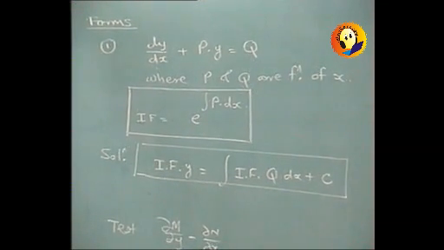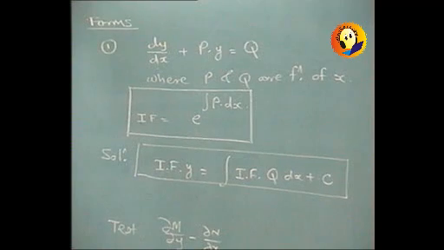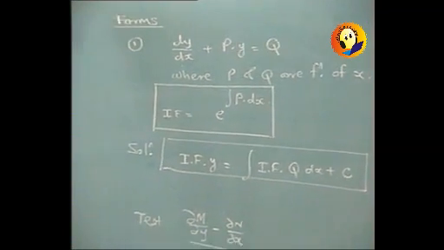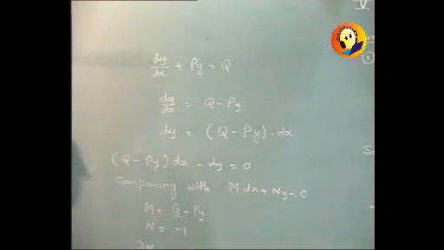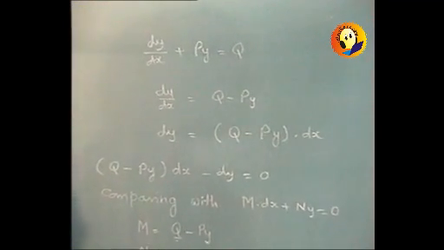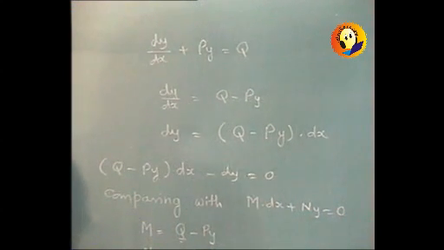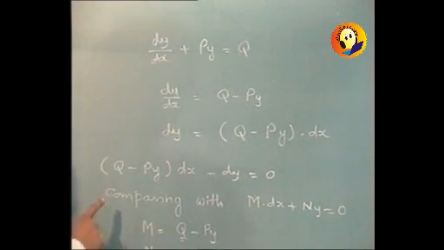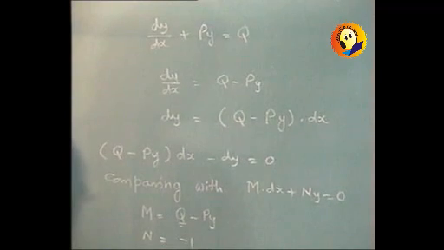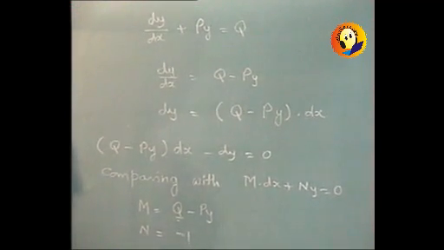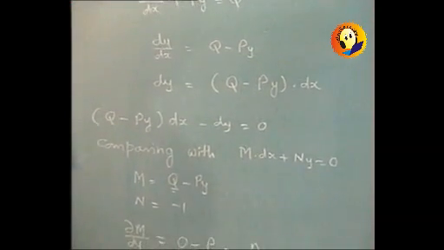But we are required to prove it, though it is not in the course of the syllabus as such. We'll start with the given differential equation as dy by dx plus py equal to q, and we will rewrite it in the form which is comparable with exact. So we get it as q minus py into dx minus dy equal to 0.